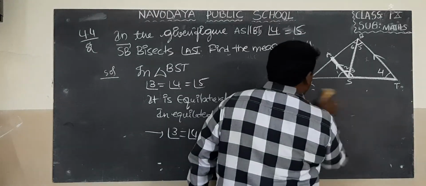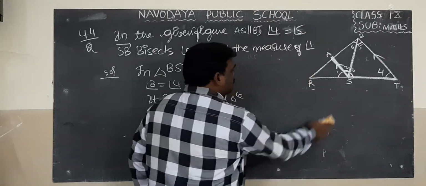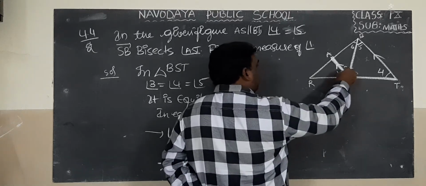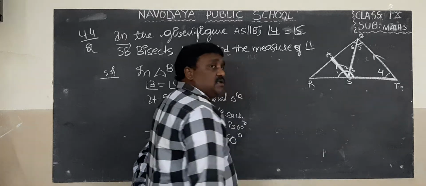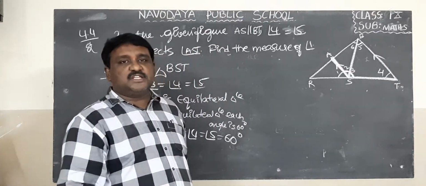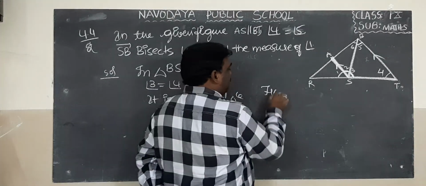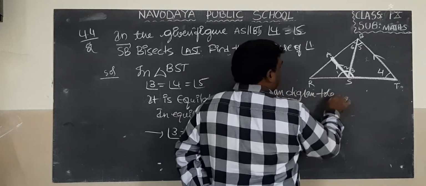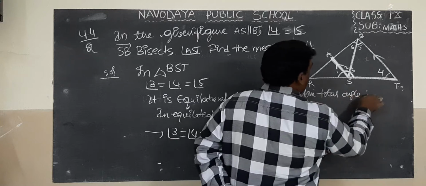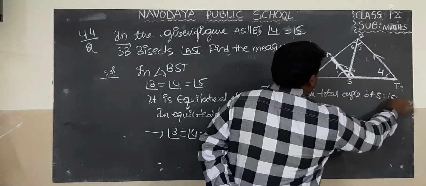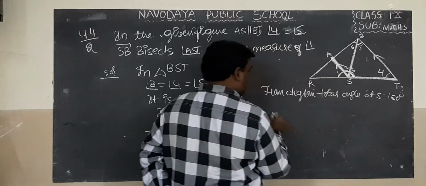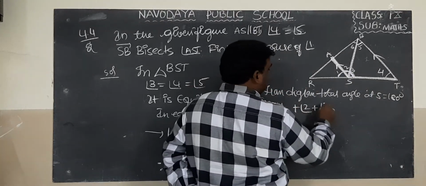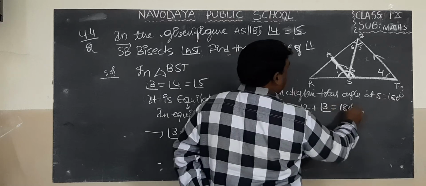Now, see the total angle at S. First angle 1, second angle 2, third angle 3. All together, protractor shape means it is 180. From the diagram, total angle at S equal to 180. Protractor shape implies angle 1 plus angle 2 plus angle 3 equal to 180.